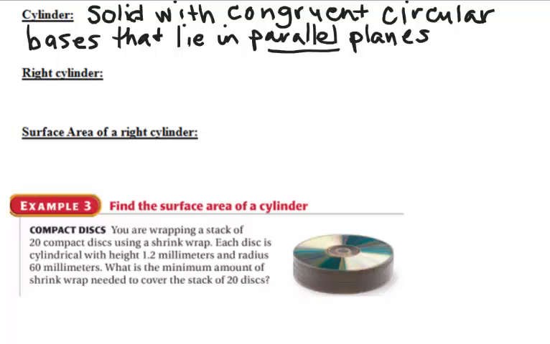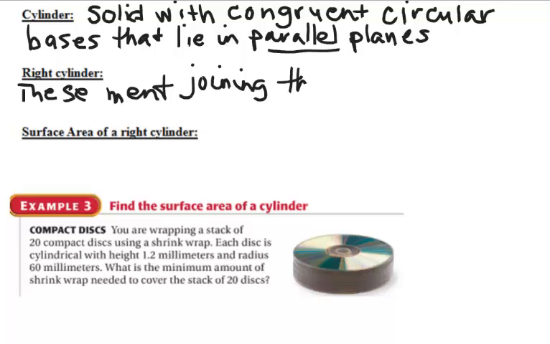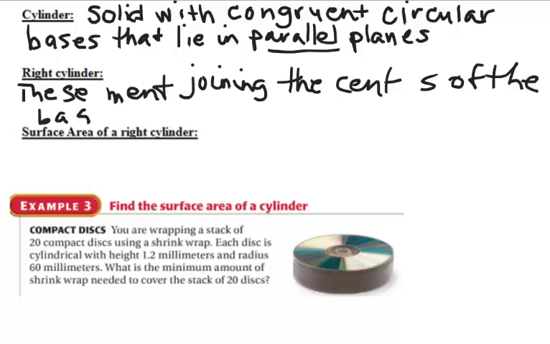A right cylinder is where the segment joining the centers of the bases is perpendicular to the base.